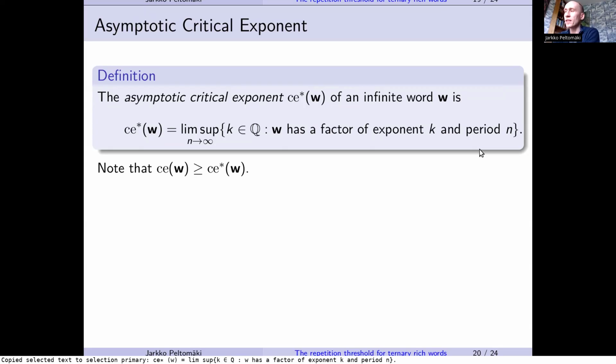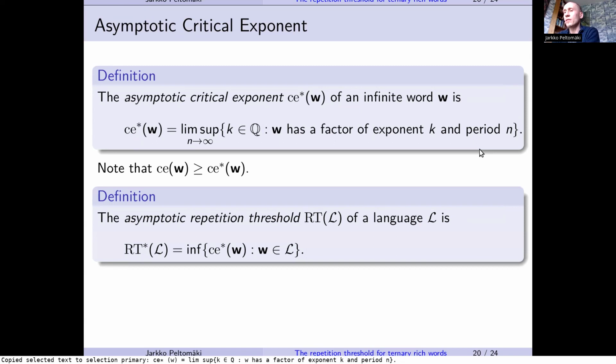It means that you still consider the same quantity, but you exclude finitely many short periods. So you're looking at the asymptotic behavior of the exponent growth, not from the beginning. And then you can ask the analogous question about asymptotic repetition thresholds for a language of infinite words.